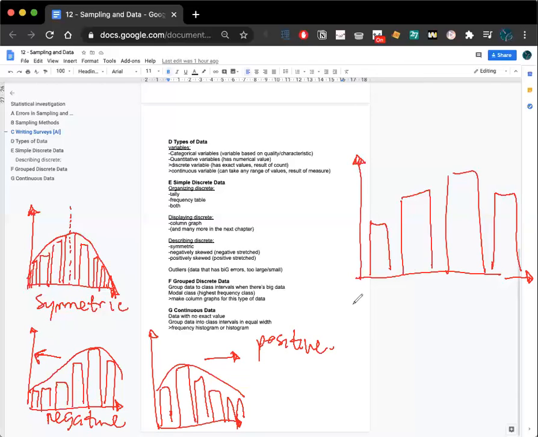And then another thing that you should know is that in these data, there's also something called outliers. So outliers are data that usually are very offset or don't fit in the graph.